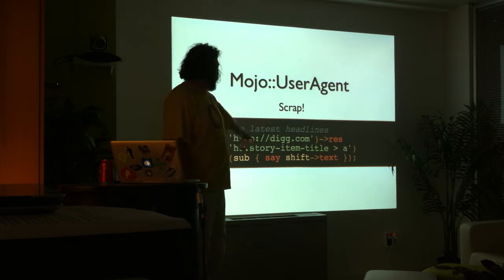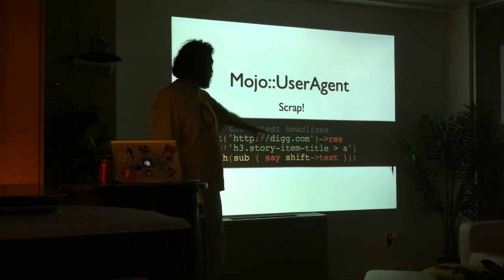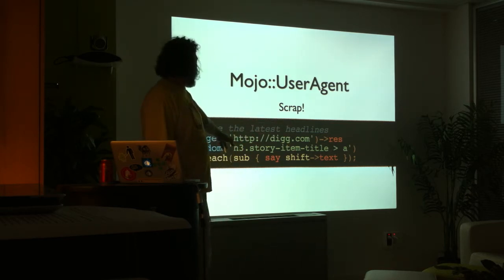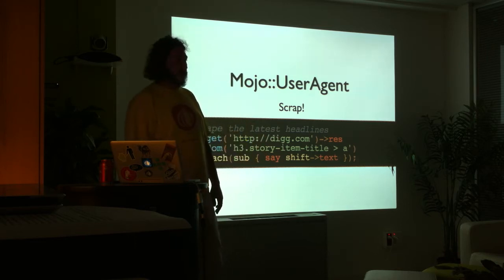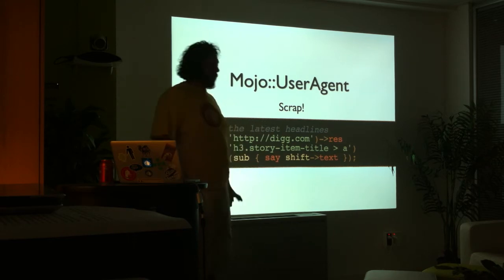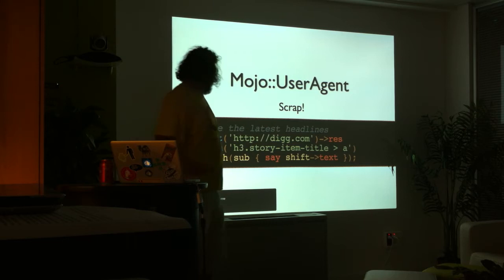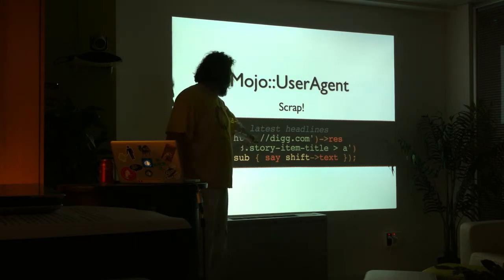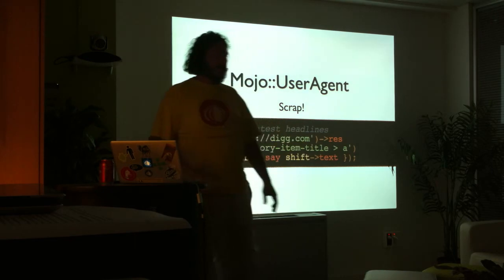You use a selector to get all the h3 tags with that class, inside of that all the links, and for each one you print out the text inside each element. This will iterate on every found element. Passing arguments to DOM is the same as calling find.